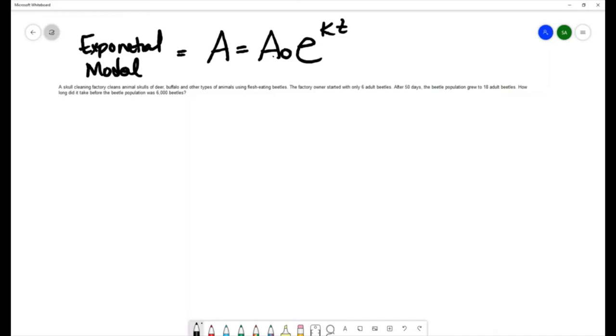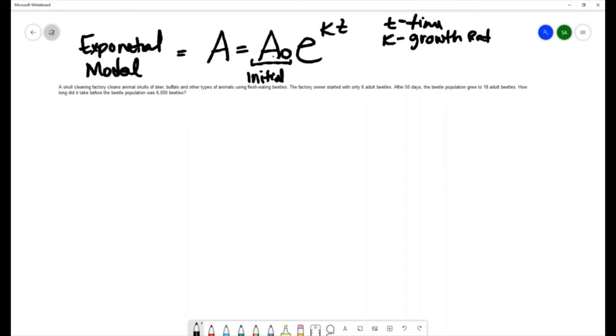Let's start with A naught. A naught is the initial population. T is time. And K is either the growth or decay rate. In this example, we're starting with 6 beetles and it grows to 18 beetles, so this is a growth rate.